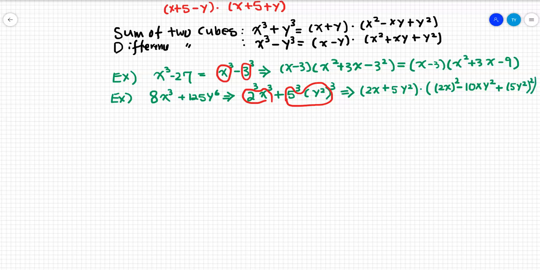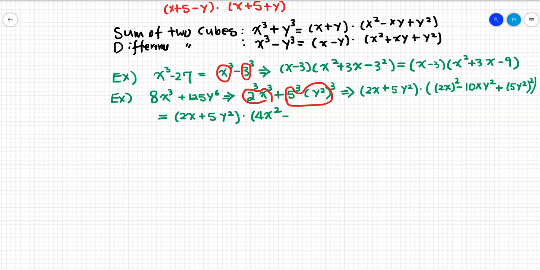Okay, so let's rewrite this. I have 2x plus 5y squared. And then I have 4x squared, because 2 squared is 4.